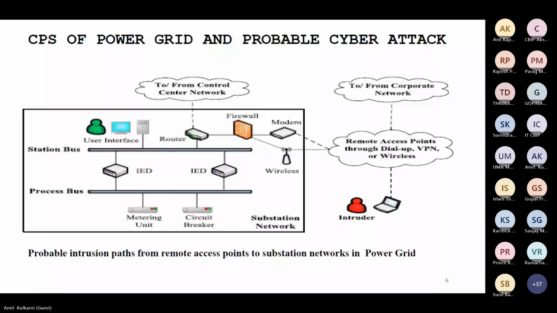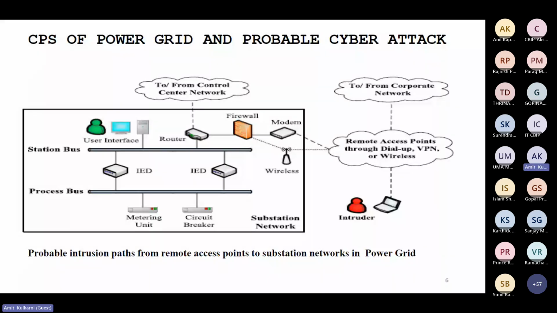And then it tries to crack the firewall and gain access to devices like routers, switches, and then, if their intention is to attack the physical systems, the components of the power system like breakers, meters, relays, etc. So this is how an intruder establishes an attack path into the system or cyber physical interface.